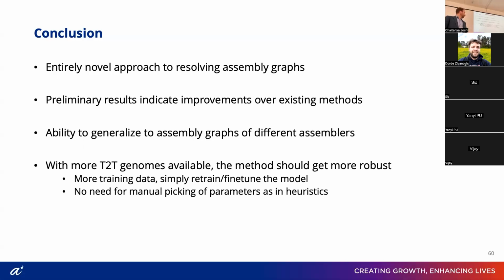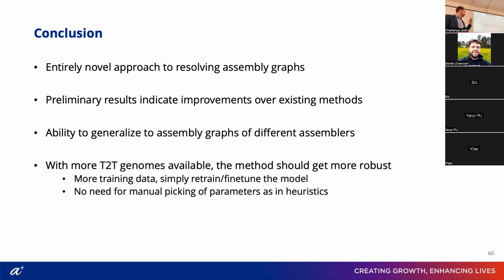The ability to generalize to the assembly graphs of different assemblers I find quite remarkable, even though I cannot fully explain why it generalizes so well, why I am able to train on certain types of graphs and then it generalizes to something that seems to be entirely different. It is kind of counterintuitive. It could be that it's just the robustness not of the GNN, but of the entire pipeline. So that's also something that should be analyzed in a lot more depth.